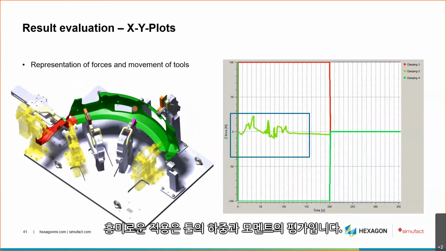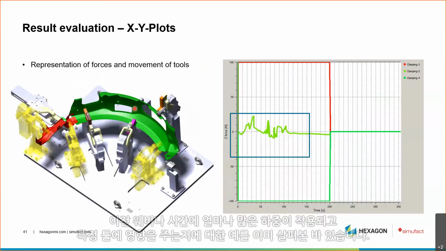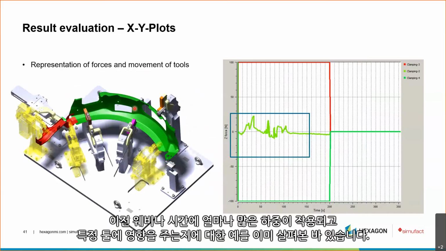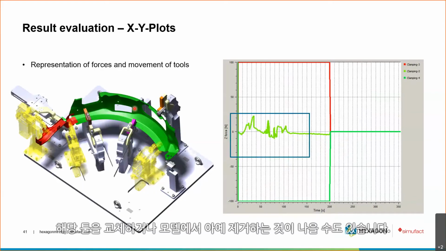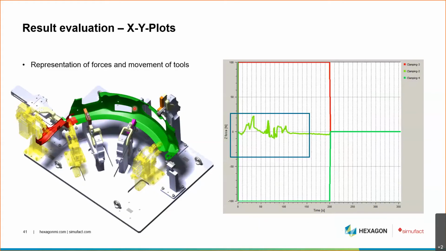One interesting application is the evaluation of forces and movements of tools. In one of the previous webinars, we have already seen this example. So it is possible to track how much force is acting on a certain tool. And if we see that a certain tool isn't experiencing any forces, for whatever reasons, then it might be desirable to replace this tool or to remove it completely from the model and from the assembly.